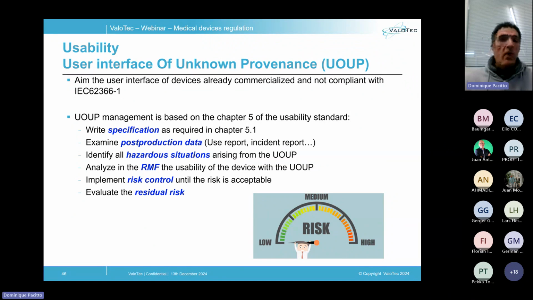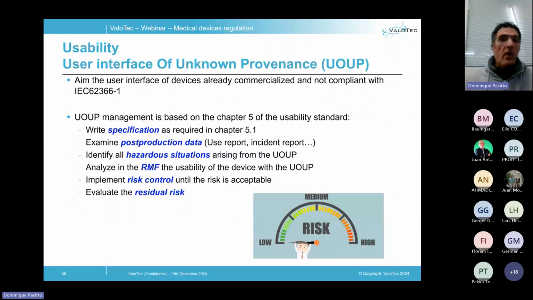Some examples are the LED you have on a charger, or the battery gauge display on the Android where a medical software is running.